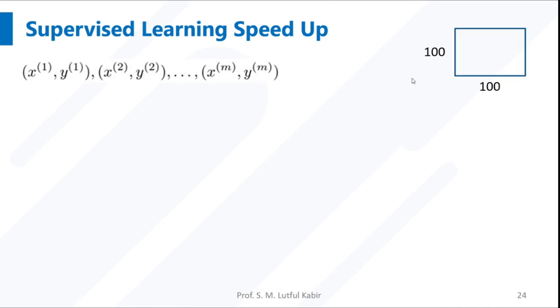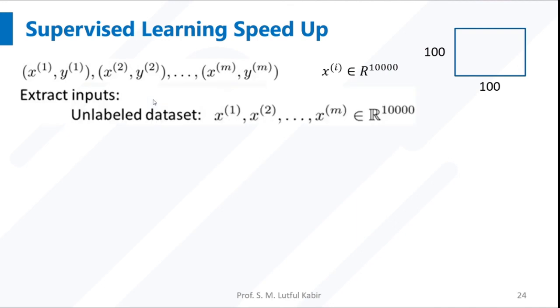Let us say you are considering an image of 100 by 100 pixels. So the data is in the order of 10,000, which is a huge amount. If you want to compress this data, for example to the order of 1000, then you can apply PCA.